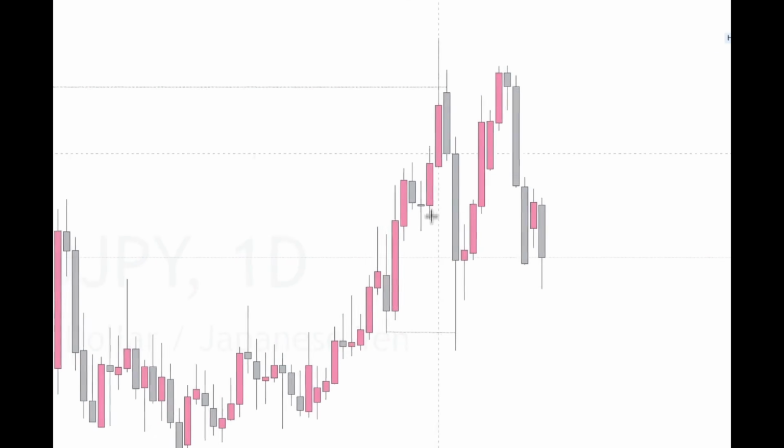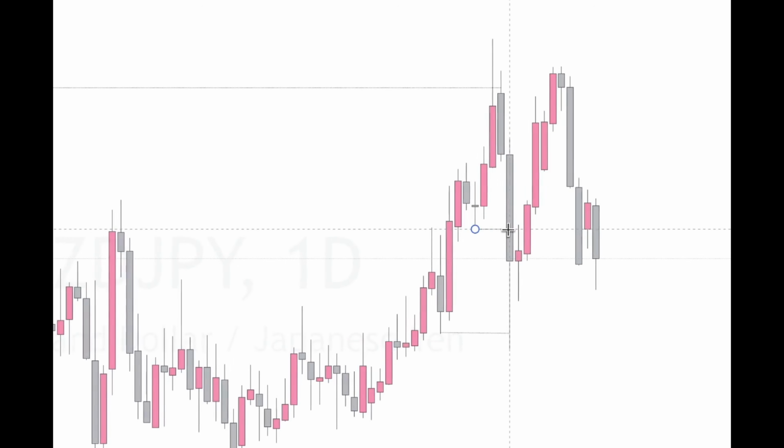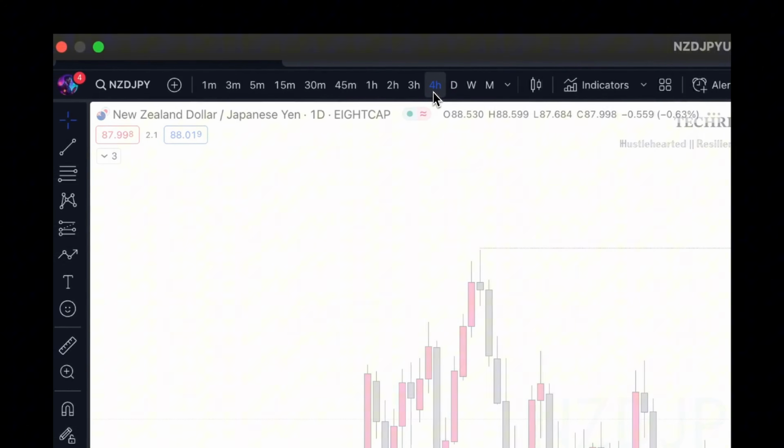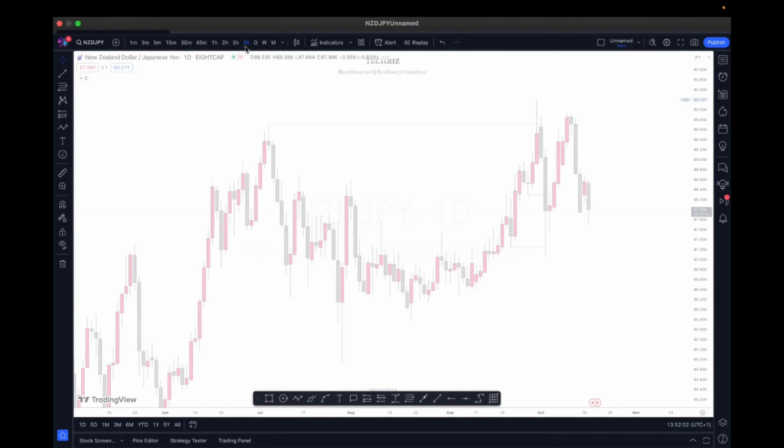There was a shift in structure. The market shifted structure by closing the body of this candle below this low, which gives us our confirmation for a short. So let's move to the 4-hour time frame, and we could see something very interesting.